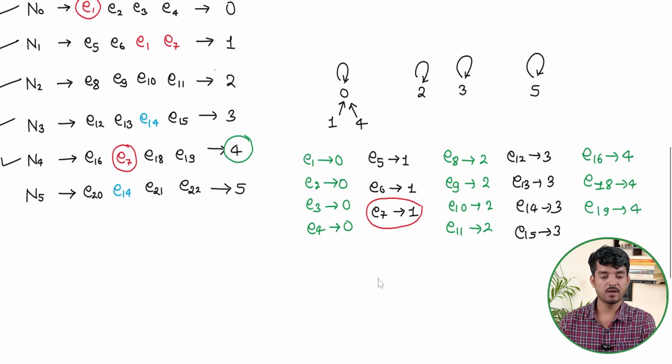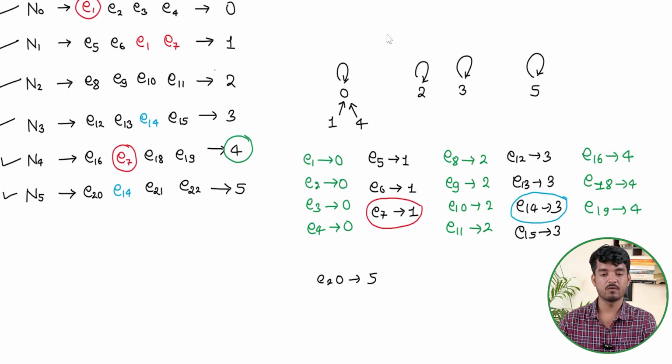And then we have to process the last account. So E20 should be mapped with 5, then E21, or basically we have E14, right? And E14 is already mapped with something. E14 is mapped with 3, right? So I will perform the union operation and change the parent of the current index. The current index is 5. So I will change the parent of 5 with the index corresponding to E14. Index 3 corresponds to E14.